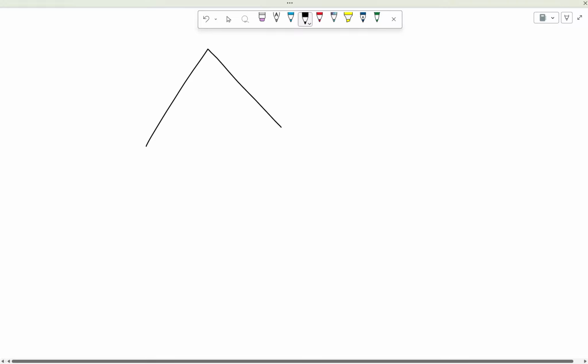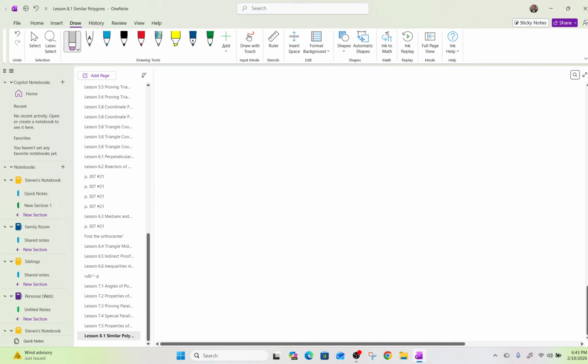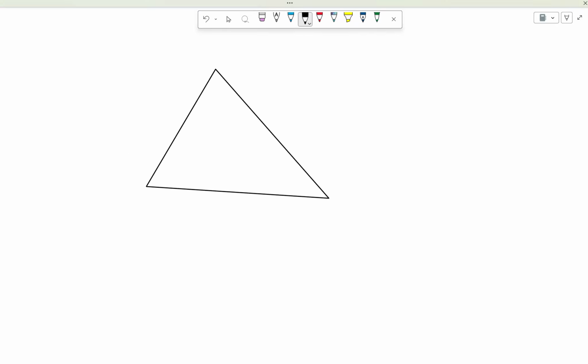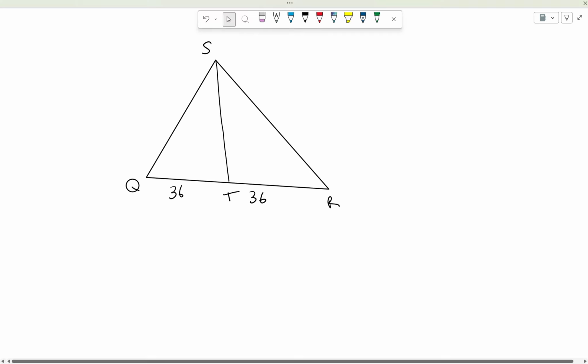Another triangle. Oh, you know what? I can actually let my software fix this one for me. Be better for all of us. Okay, I have S, Q, T, R, and then these are both 36. I have another triangle here.